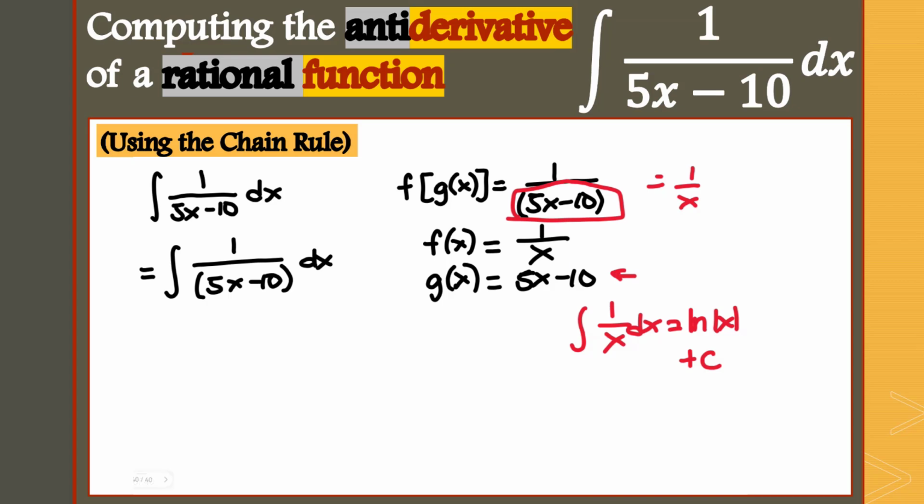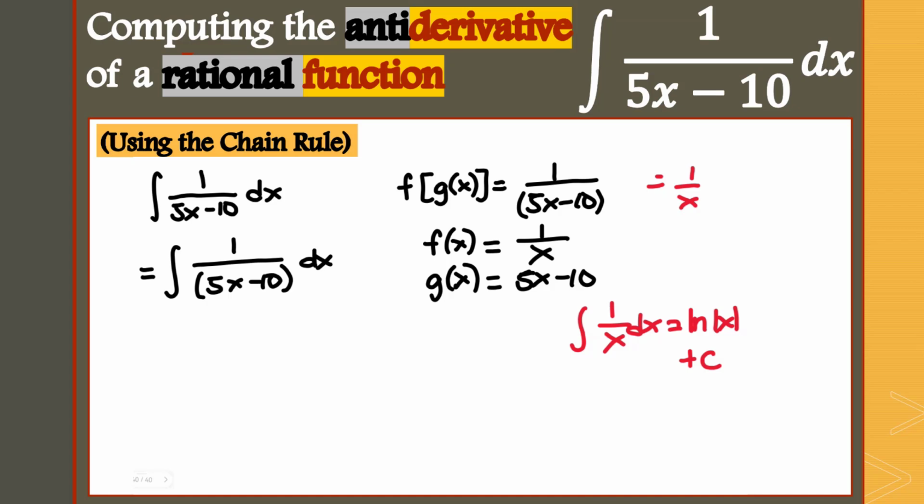Okay? So for that, yes, we can now establish that our given function is a composite function, but no longer a function with negative exponent, but it is a 1 over x function. Okay? So with that, we can now use here the chain rule.